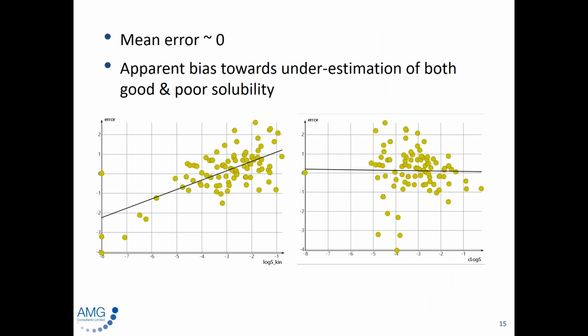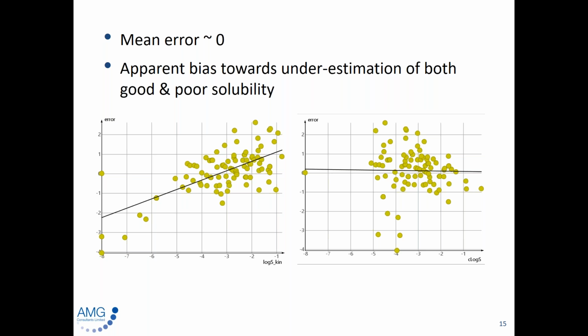If you add back in the sign of the error, you can see that there is an apparent bias as well in the experimental solubility, towards a positive error at high solubilities and a negative error at low solubilities, which interestingly isn't the case for the prediction itself.